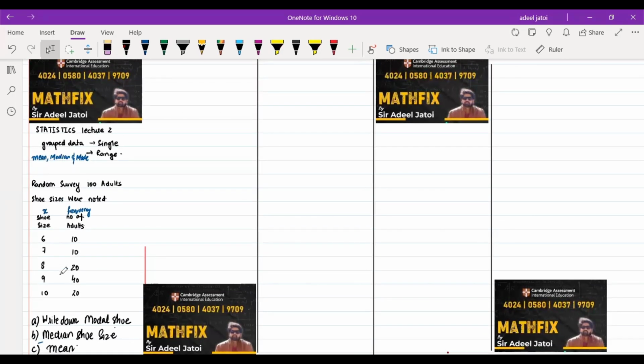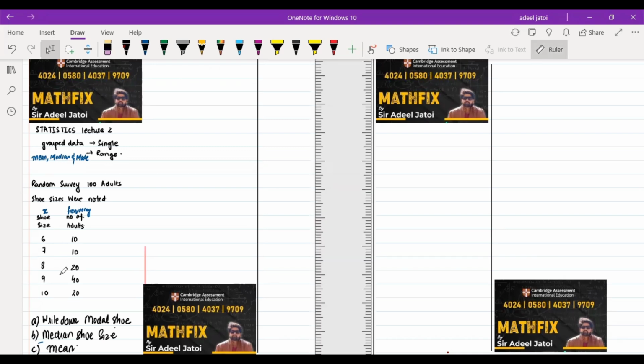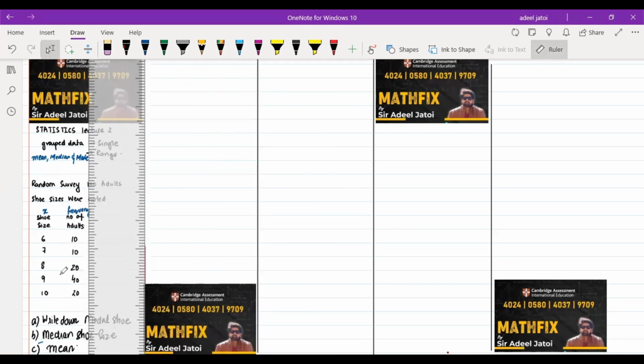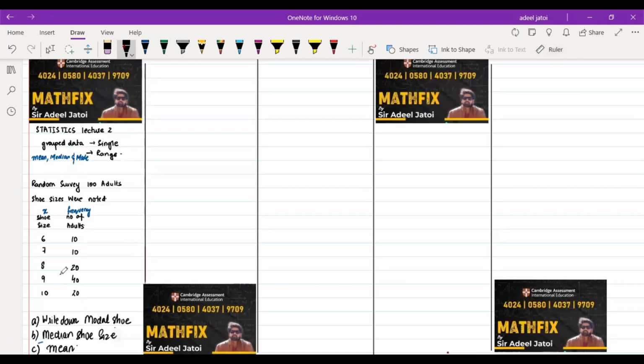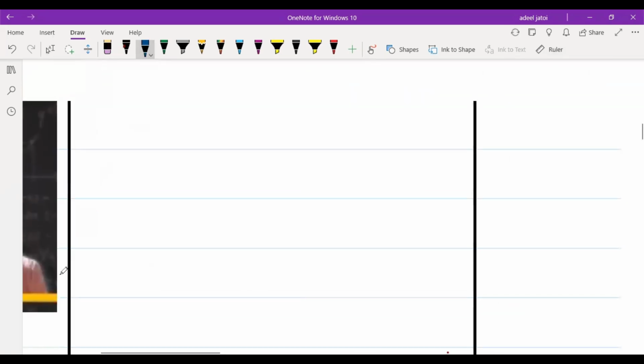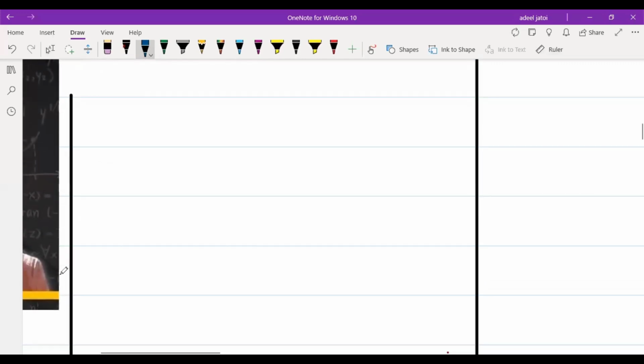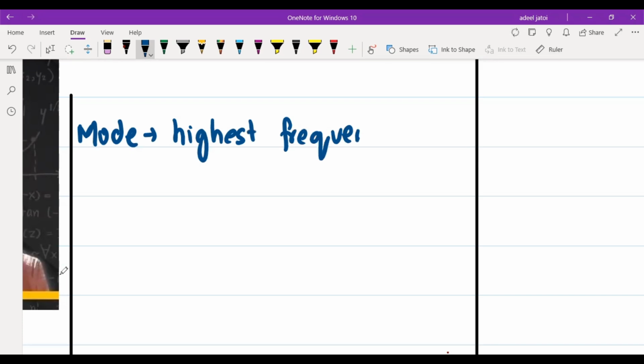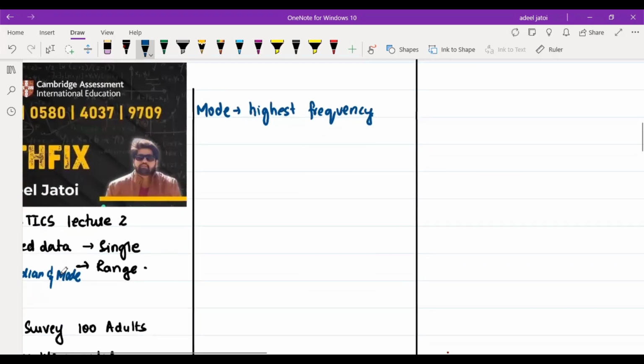You already know that modal shoe means mode. In ungrouped data, we used to say the repetitive number is your mode. Here, your modal class or your mode will be the one with the highest frequency. That means the most number of adults wearing a shoe size will be the mode.